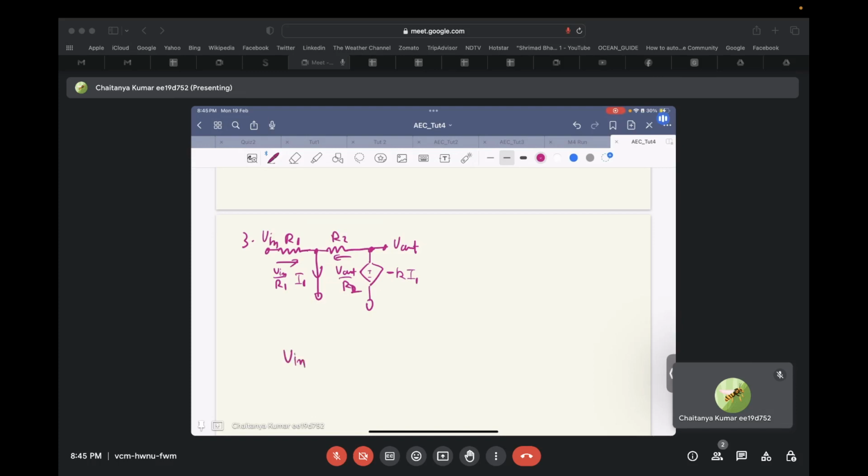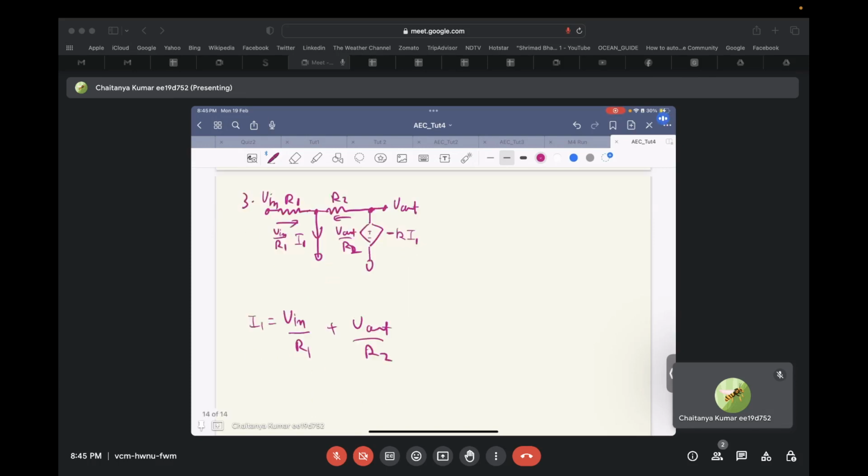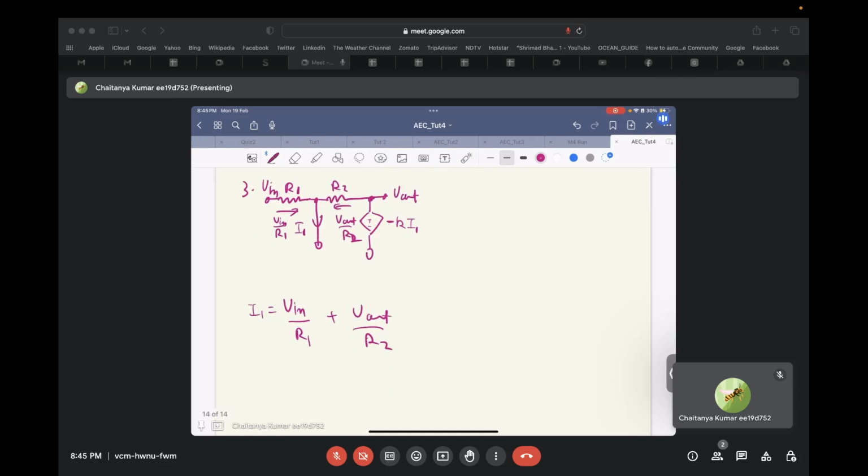So the I1 will be equal to V in by R1 plus V out by R2, and due to that, the output of this current controlled voltage source will be equal to minus K times I1, that is V in by R1 plus V out by R2.